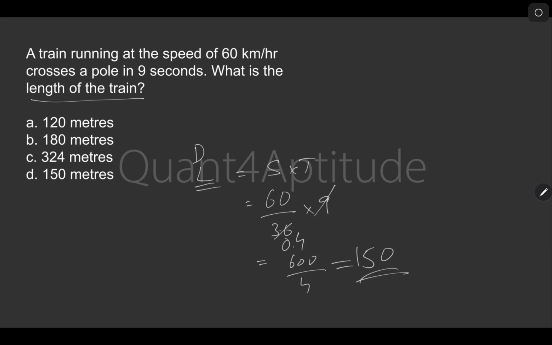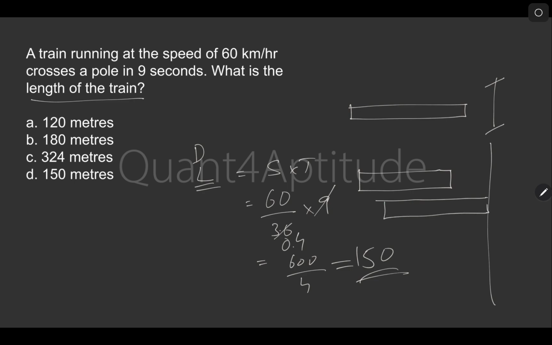Now let's try and break down the concept and understand what we need to be geared up with to solve this question. It's a standard scenario question, that is trains crossing poles or platforms. A train would have a length of its own, and if it has to cross a pole, what is the distance it has to travel? So let's extend the pole. The crossover starts happening only when the train aligns with the pole.